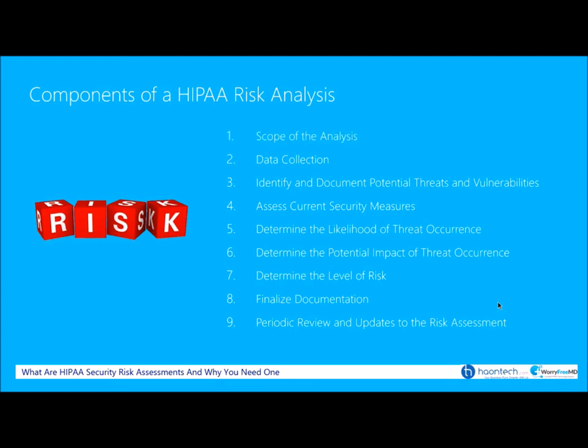The first thing is the scope of the analysis. When a risk analysis is done, you want to cover every single area where there is PHI, either created, maintained, or transmitted. Many times people tend to think that PHI only exists in the EMR. But in reality, when you go through the risk analysis and follow the questions in it, you're going to uncover that PHI actually exists in many other areas in your office.